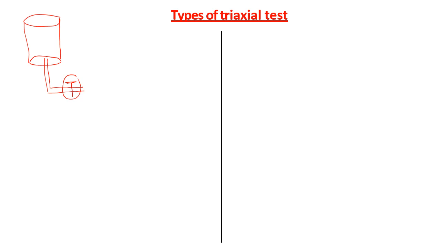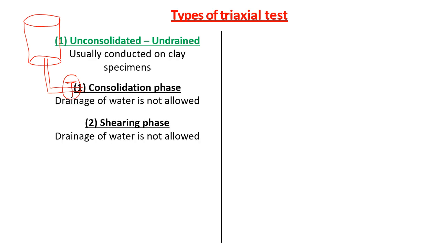So the first type of the triaxial test is called the unconsolidated-undrained triaxial test. In this test, the valve is always closed. Whether you are in the first phase, the consolidation phase, where you apply the cell pressure of the sample, which is sigma 3, the valve is closed and drainage of water is not allowed.